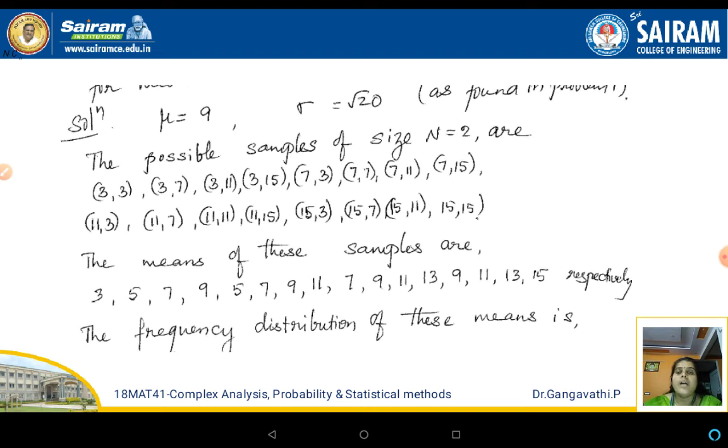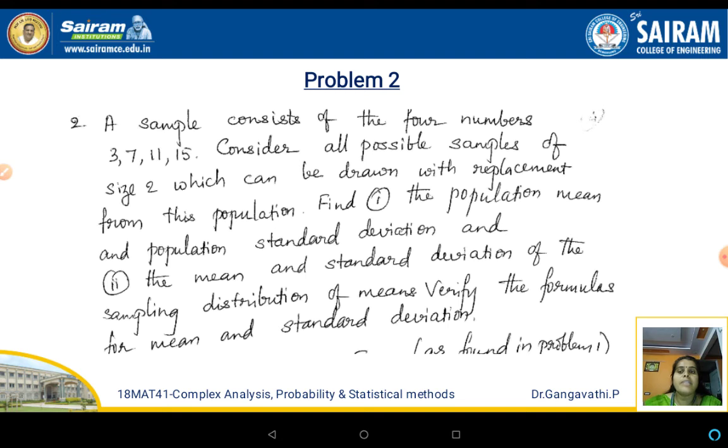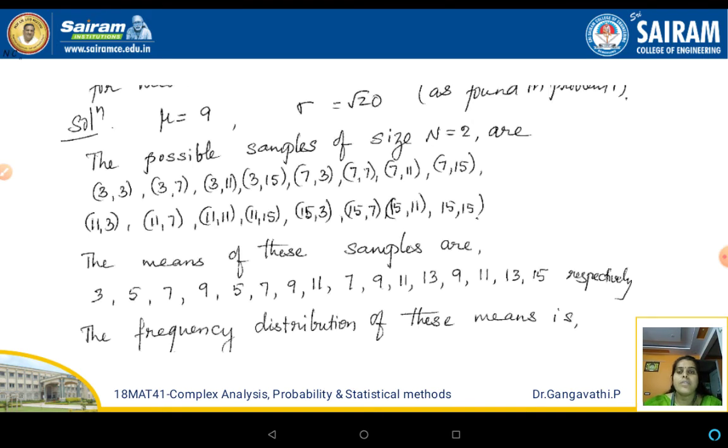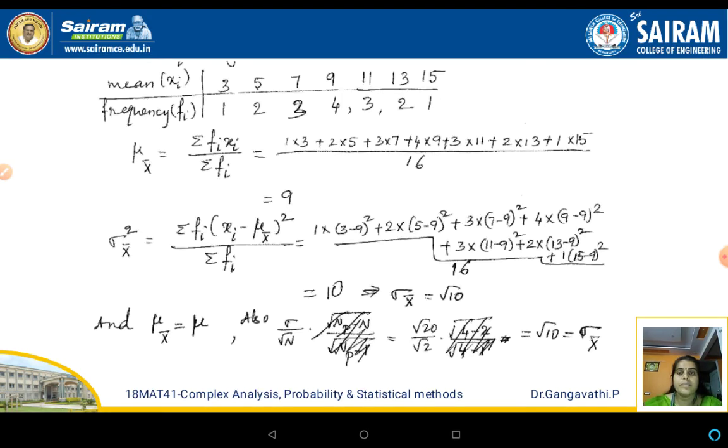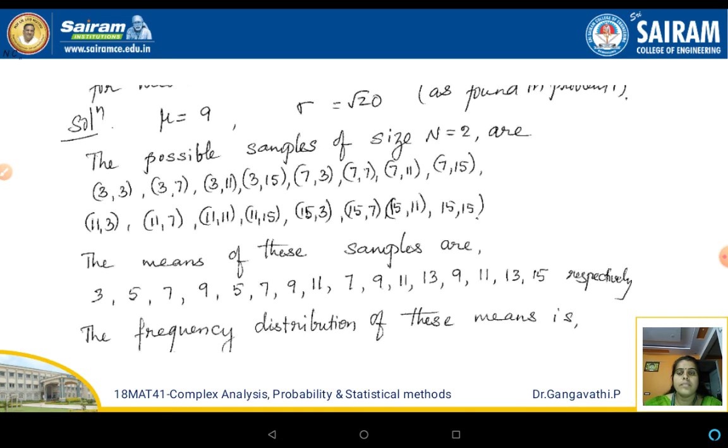So now when we do that, recall the elements which were given to us. The elements were 3, 7, 11 and 15. First you have taken 3. So 3 can be paired with 3 itself.